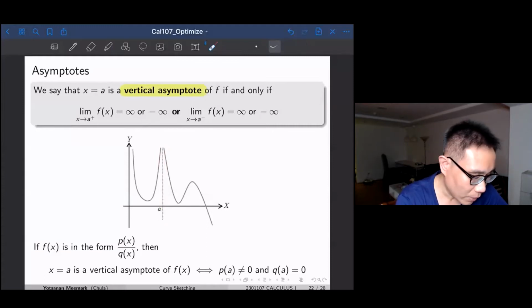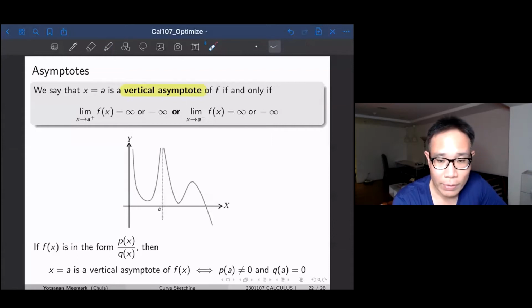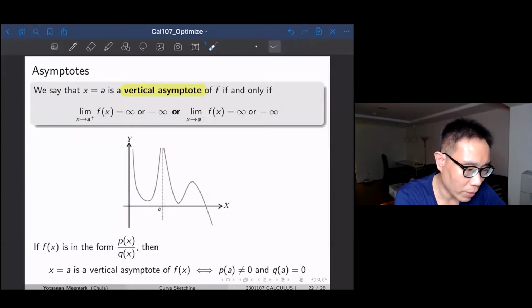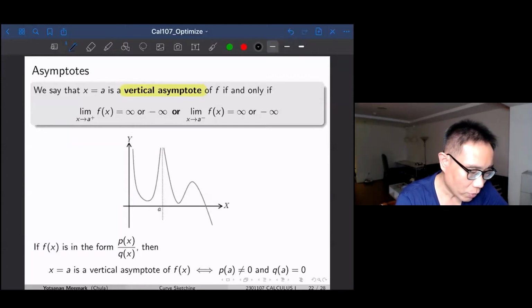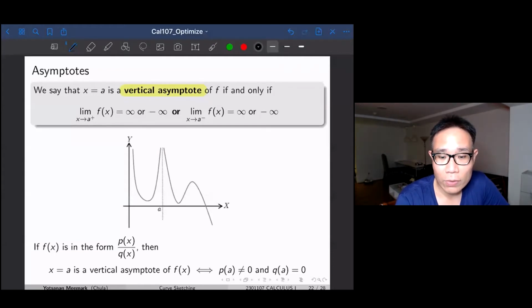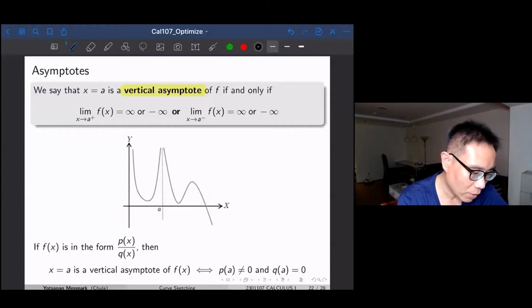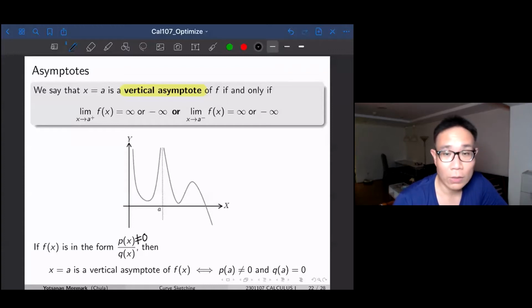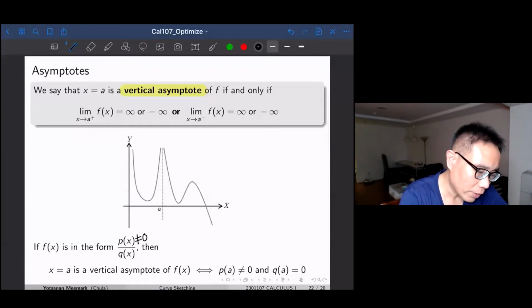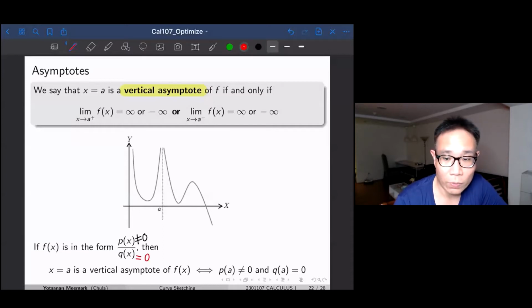If you have f(x) in the form of a fraction p(x) over q(x), so you get two functions that you are taking the quotient of, then x equal to a is a vertical asymptote of f(x) if and only if p(a) is not equal to 0. So you have the thing on top not equal to 0, however the thing on the bottom turns out to be equal to 0. And that turns out to be the condition that we are looking for to get a vertical asymptote.